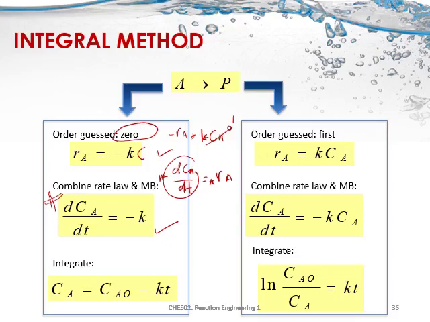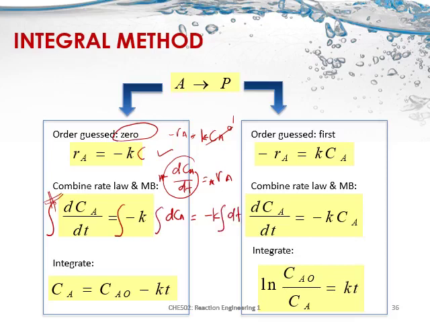Alright, for this case, it's quite straightforward. You are going to integrate both sides. Okay, from where to where? Let's put it dCA equal to negative K. K is a constant, you may put it outside. So this is dt.